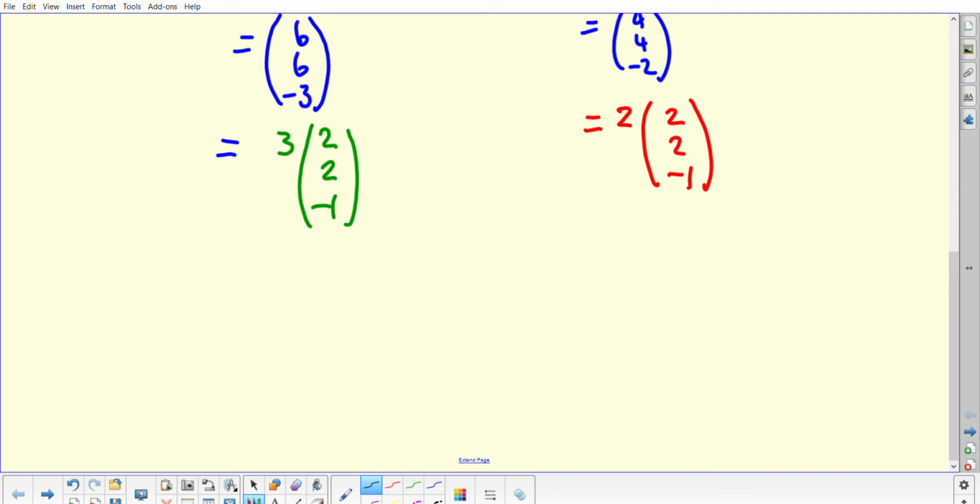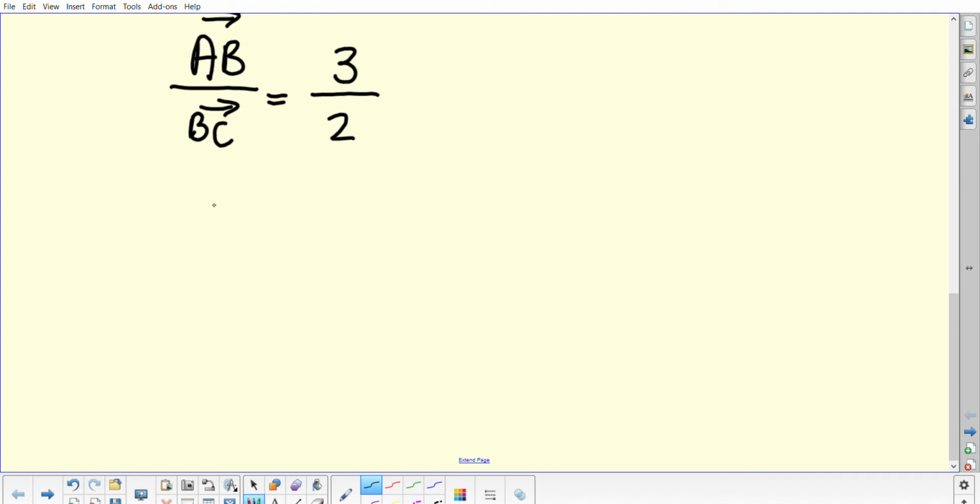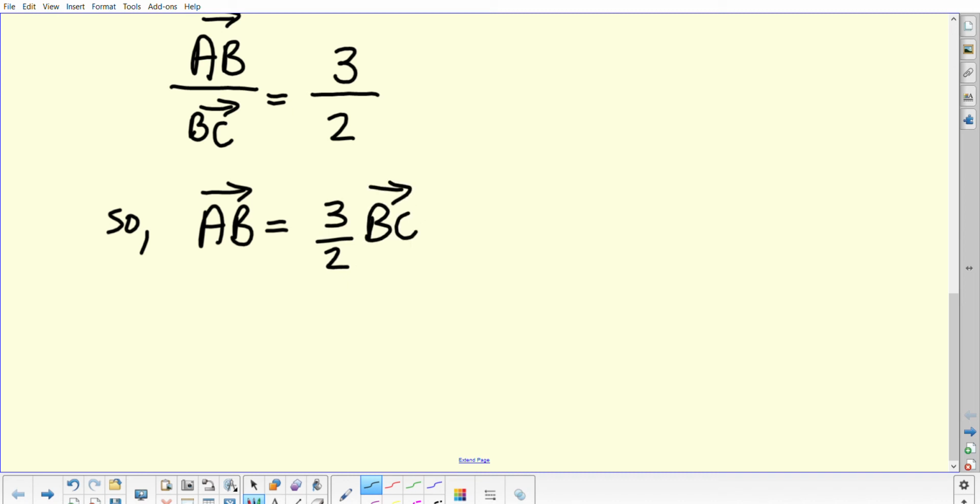Now to begin your statement, it will help you if you think about this in terms of a ratio or a fraction version. So A to B compared to B to C on that line: the A to B part is 3 times the length of the B to C part, so clearly the ratio is 3 to 2, and if you cross multiply with that, you would then be writing down that A to B is 3 over 2 times B to C, so 1.5 times.